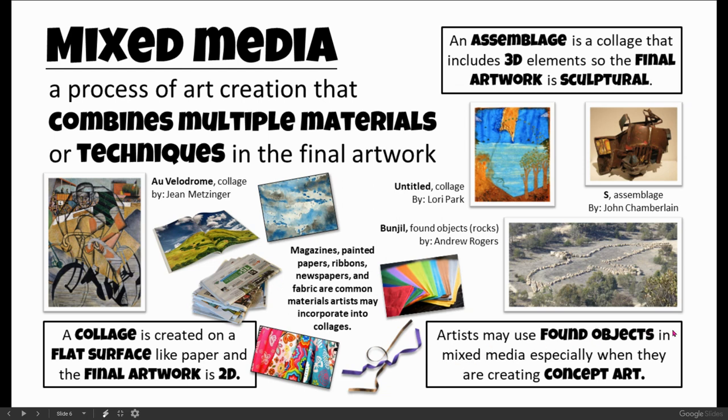Artists can also use found objects, which we see on the right, in mixed media, especially when they are creating concept art. Up here on the very top right says an assemblage is a collage that includes 3D elements, so the final artwork is sculptural, like we see this sculptural artwork right here below.